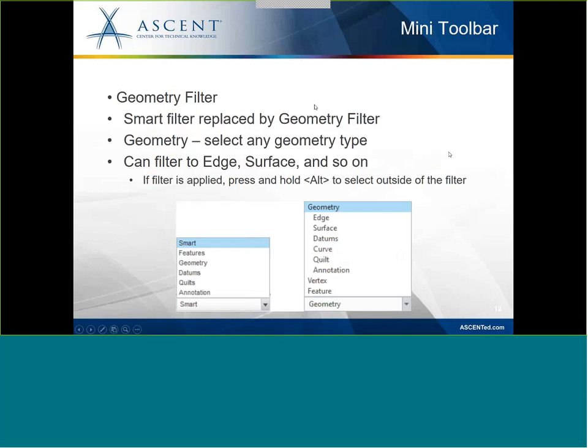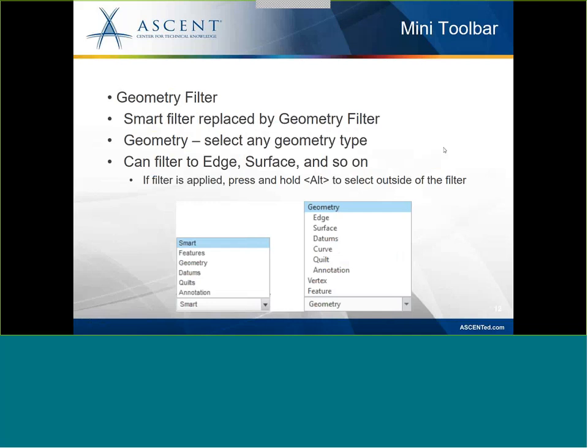The smart filter has been replaced with a geometry filter. A lot of the functionality is essentially the same, but it allows you to limit your selections within your geometry. For example, if I have the geometry filter set to its default, geometry, I can select anything.